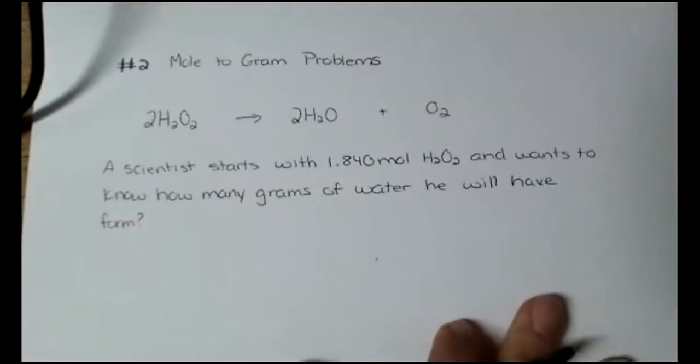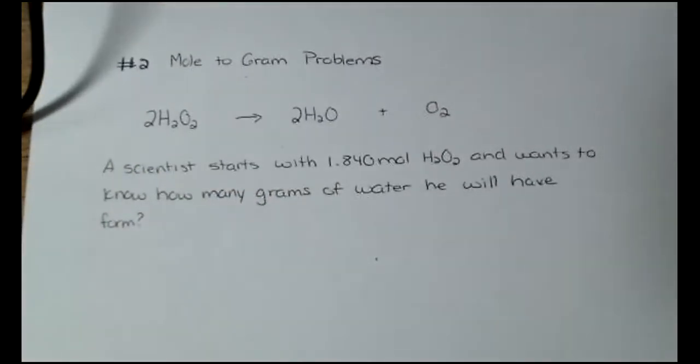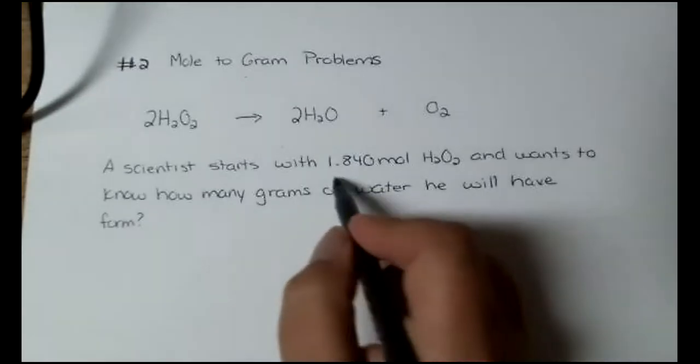Okay, so we have our scientist. He's starting with 1.840 moles of hydrogen peroxide, and he wants to know how many grams of water he's going to form. Okay, so right here, we will see our given.